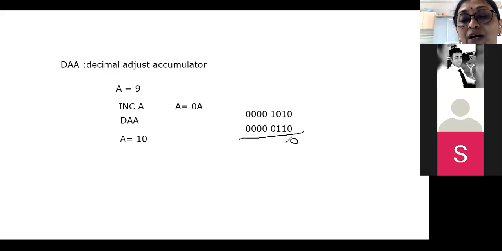What is 1 plus 1? 0 with carry 1. Again 1 plus 1, so again 0 with carry 1. Again 1 plus 1, that means 0 with carry 1. Then 1 plus 0 is 1. Again 1 plus 0 is 1. All the remaining are zeros. So the equivalent of this will be 1 and 0.